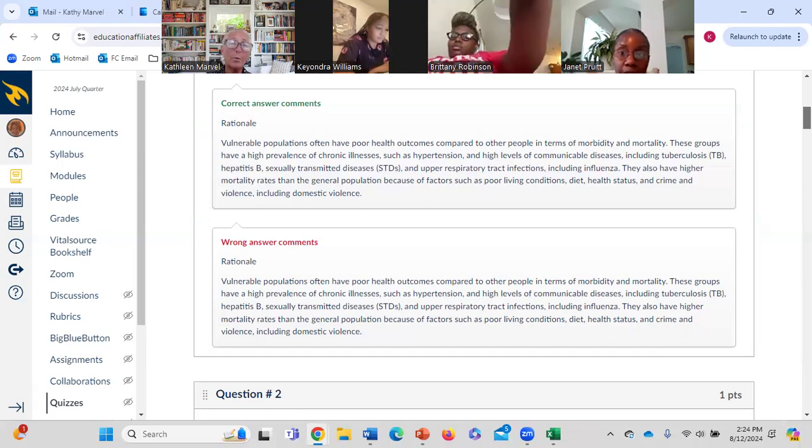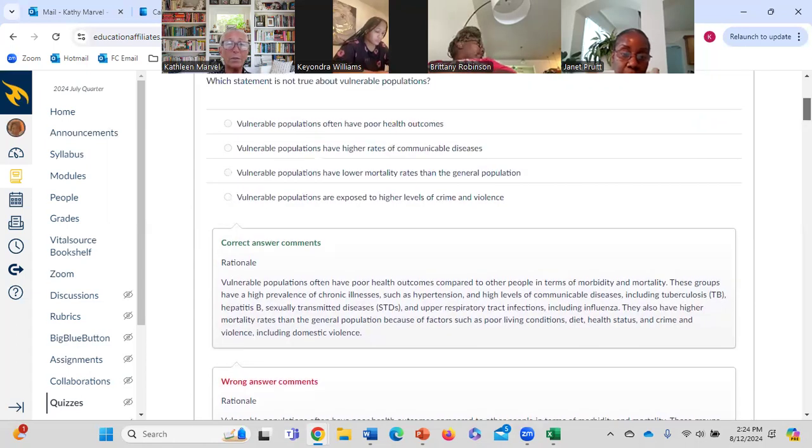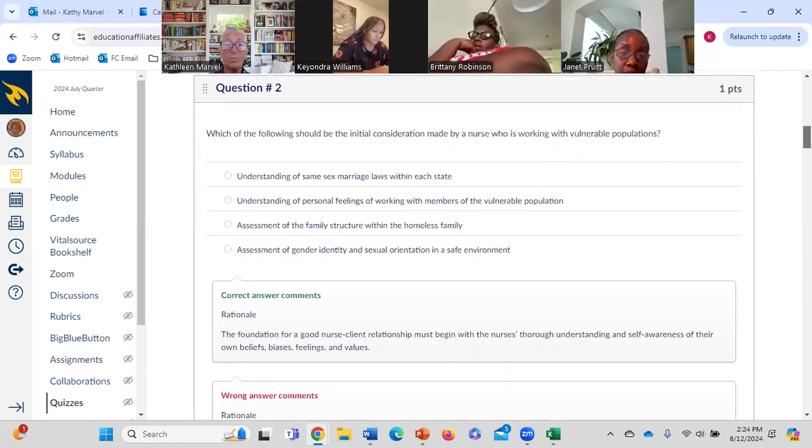They also have higher mortality rates than the general population because of factors such as poor living conditions, poor diet, health status based on comorbidities or access to health care, and living in communities with increased rates of crime and violence, especially domestic violence. We talked about this last week when we were talking about our LGBT community.